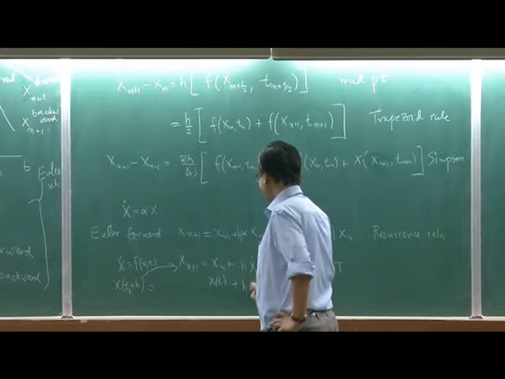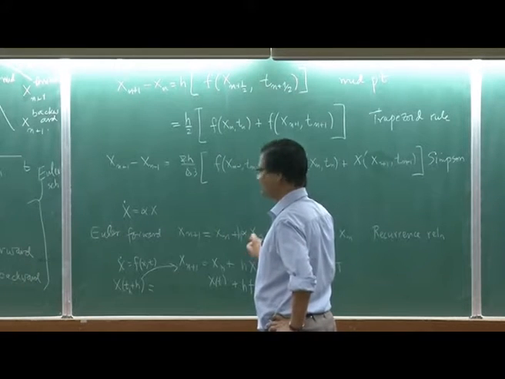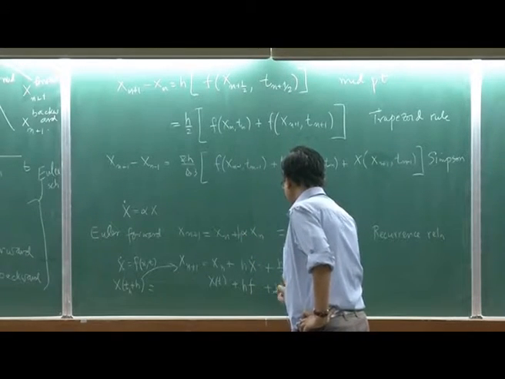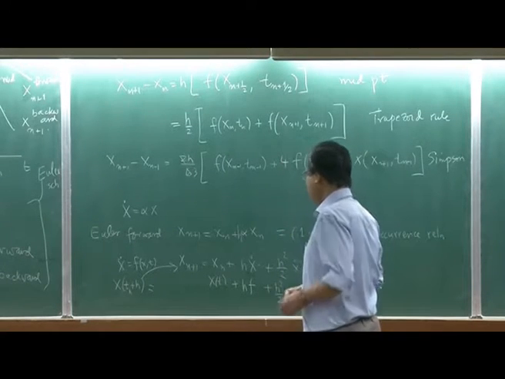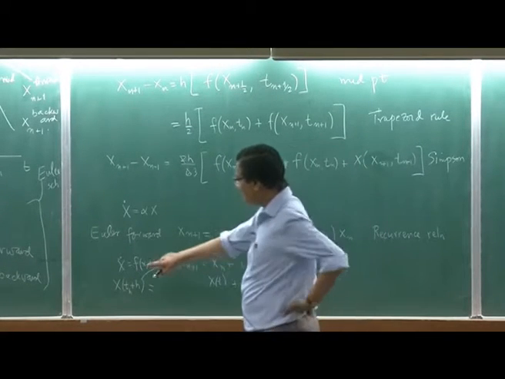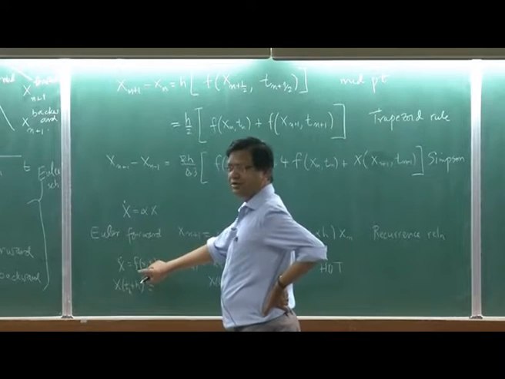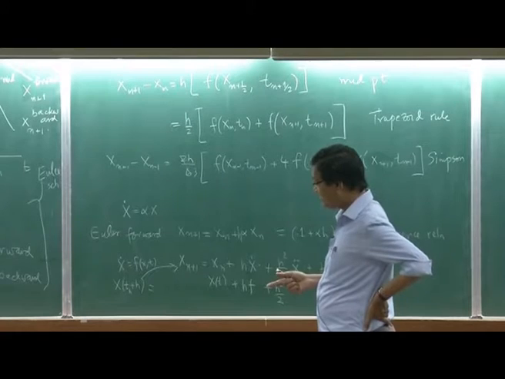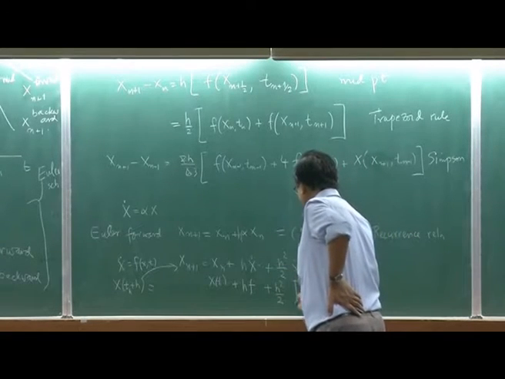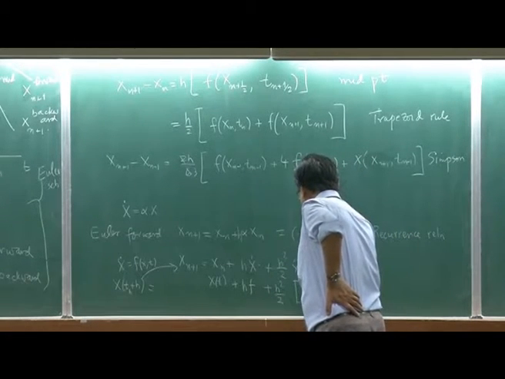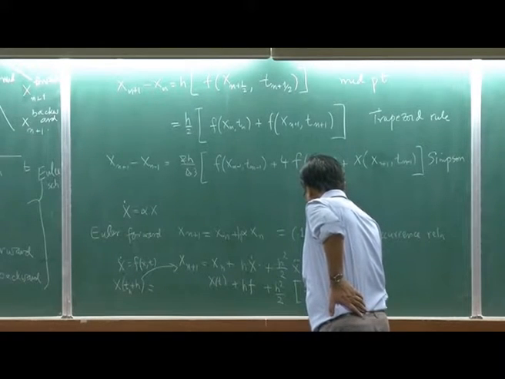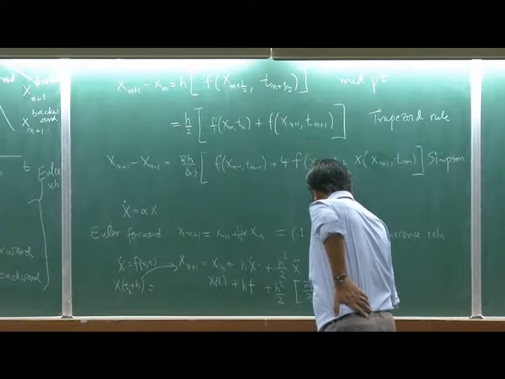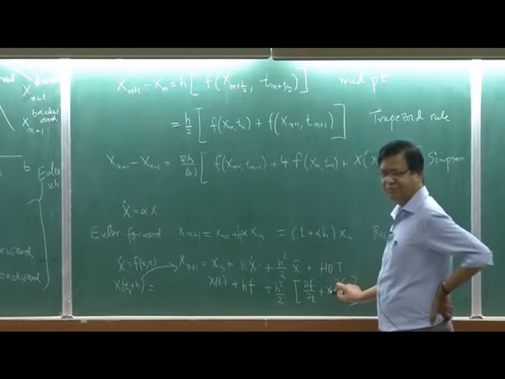X dot is f, so I compute this is f, but my error is here, h squared by 2, and x double dot is what? I have to take the time derivative of this, f dot, but then it is a function of x and t both. So I have to write this as delta f by delta t plus x dot delta f by delta x, and x dot is f again.